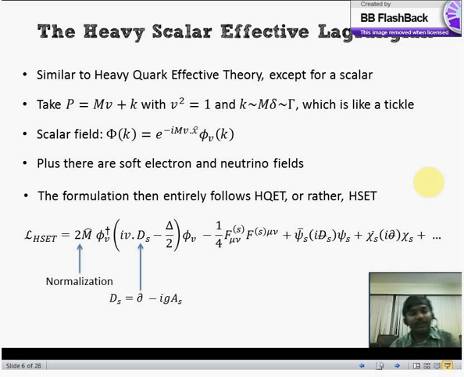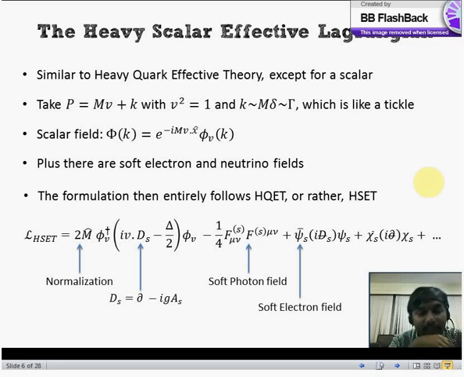This covariant derivative is a soft covariant derivative, the fact that it's soft is denoted by the subscript s, and the soft covariant derivative basically means that the A field inside is a soft photon field. So we have the soft photon field kinetic term over here.